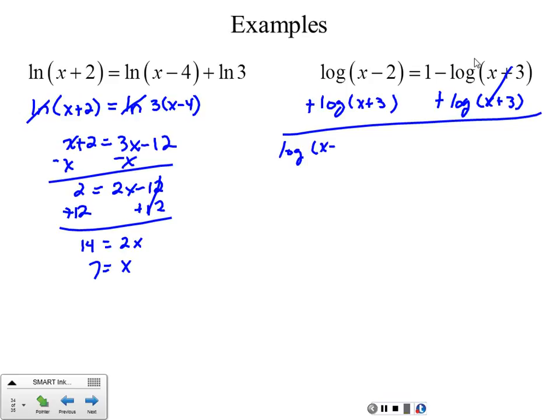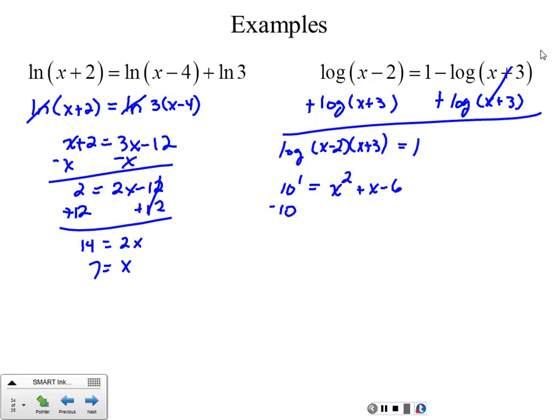Multiplication. So we're going to have x minus 2 times x plus 3 is equal to 1. All right, so we're going to have 10 to the first power is equal to that, x squared plus x minus 6. Just pull it out.